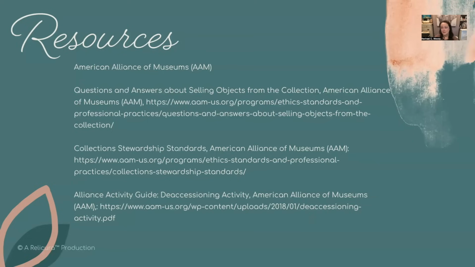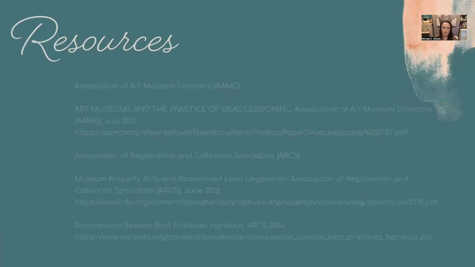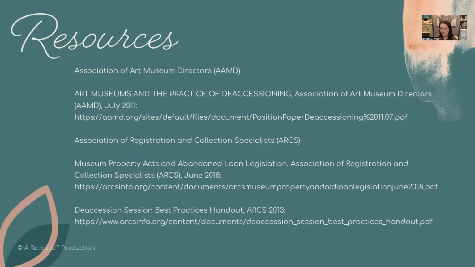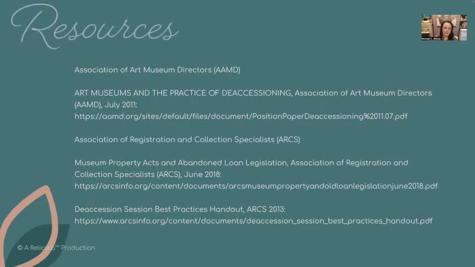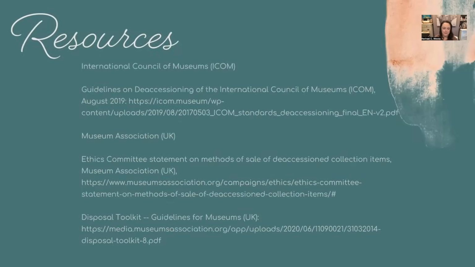So we've got tons of resources for you. Just real quickly, we have them organized by the different professional organizations that have provided these for us. So you have a copy of the slide deck. You can check these out. Also, as we reference them in the slides, we provided links so you can see where those were from.